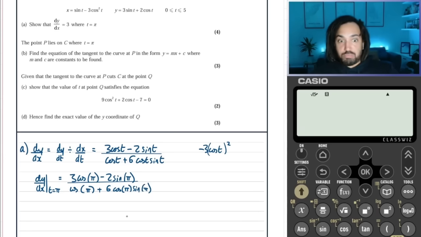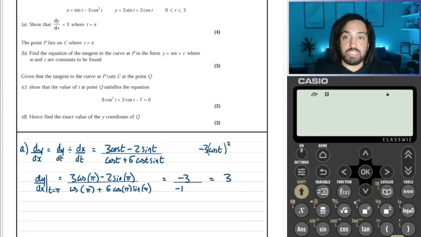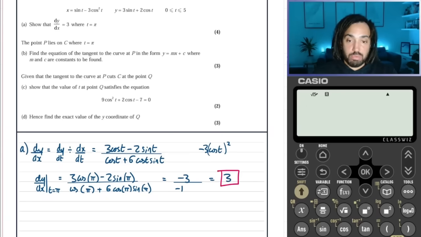Now, cos of pi is minus 1, sine of pi is 0. So we're going to get 3 lots of minus 1 plus 0 over minus 1 plus 0, which is just going to give us 3, which is perfect. Exactly what we want.